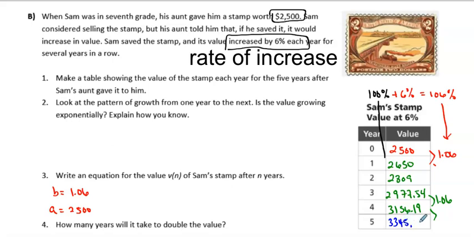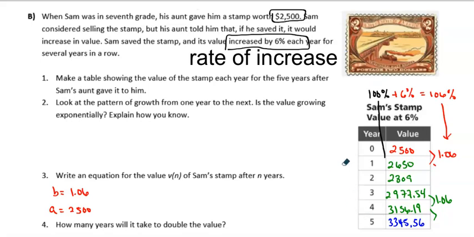But we'll check both ways. So if I kept all my decimals, I'm going to round this one to 3345.56. Or 3156.19 times 1.06, and you're going to get the same number either way. Whether you took the rounded number or took all the decimals, you'll get the $3,345.56 either way.